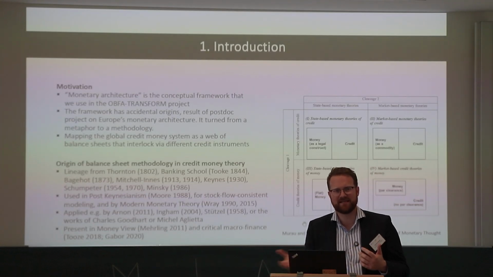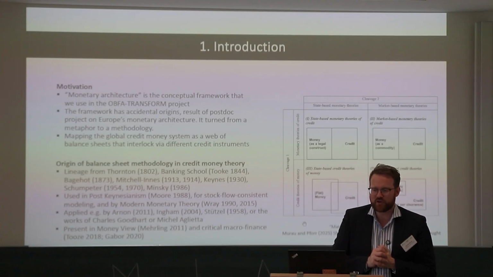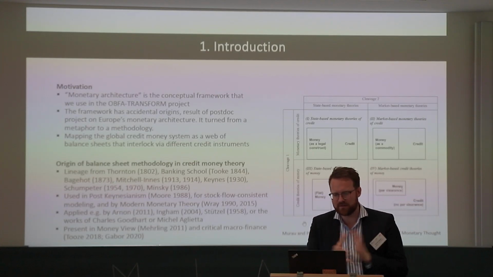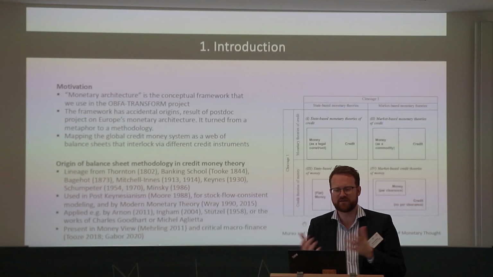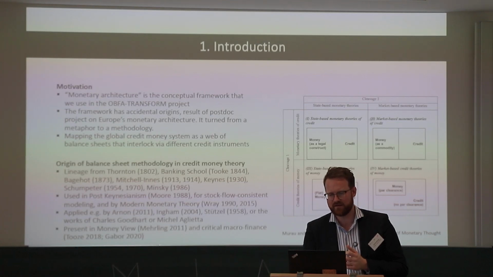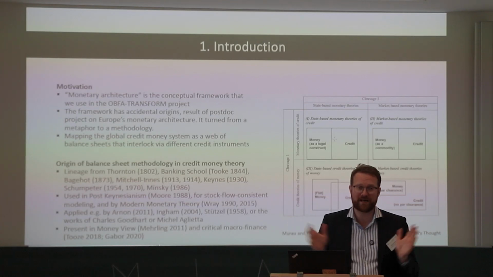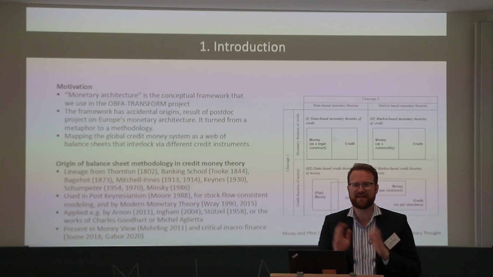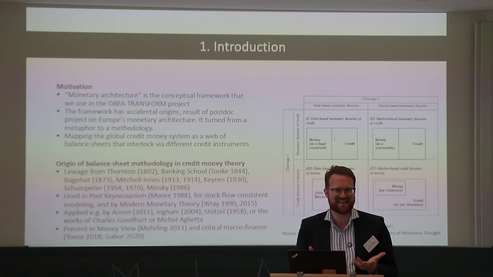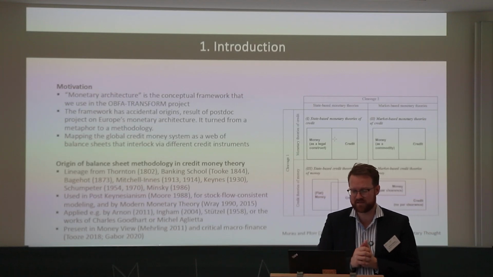That means money is just a specific type of credit instrument. Schumpeter said the dominant approach is the monetary theories of credit, but probably the correct ones are the credit theories of money, in the sense that they're more helpful to understand how the contemporary monetary system works.